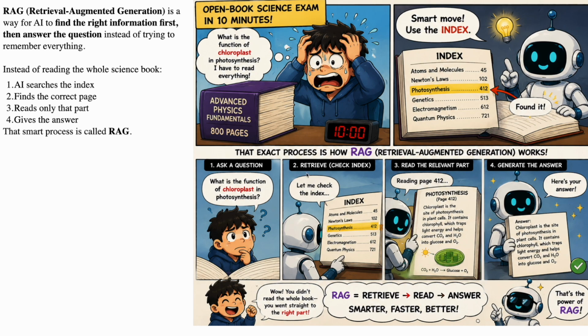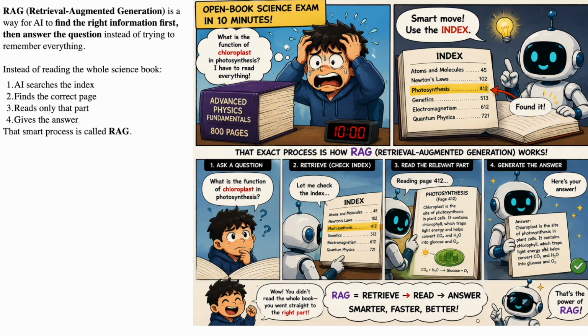Let's take an example. Assume you have asked a question, what is the function of chloroplast in photosynthesis? It goes to a particular machine. Assume that this is the software which you are going to build, and what it does is it will first go and check what is the index of that particular concept. Okay, it got the index, then it goes to that particular page number and reads the concept written there, then it will give you an answer.